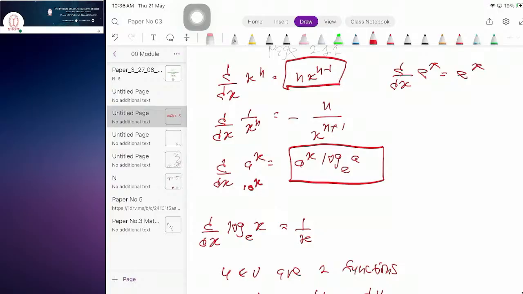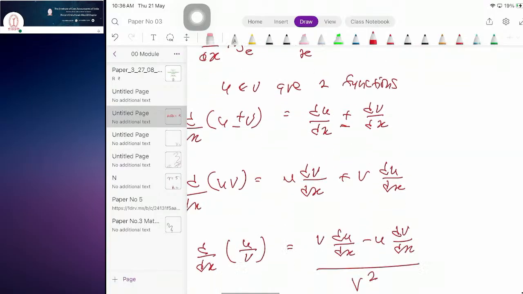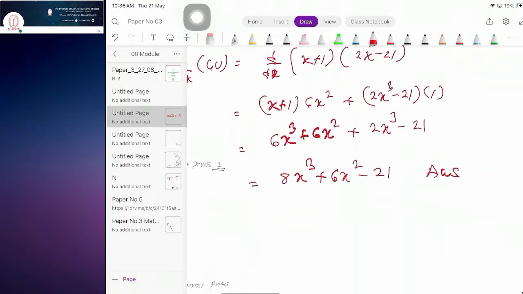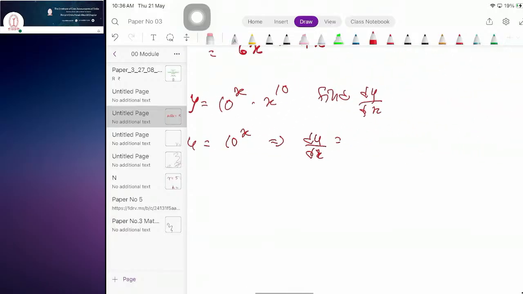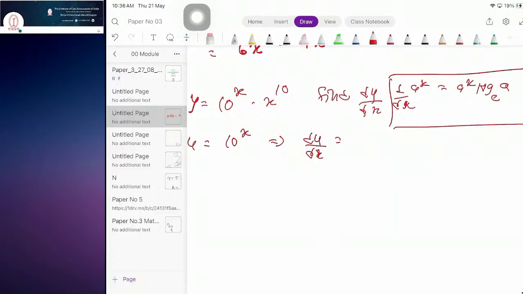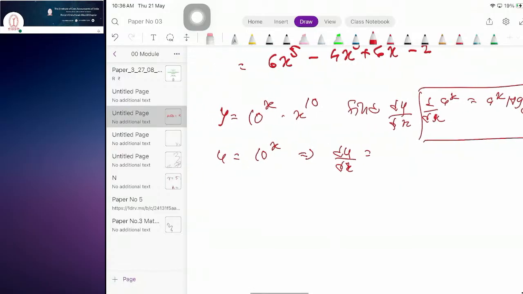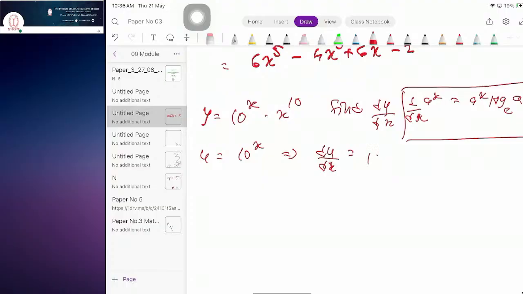That is the answer, aˣ log a to the base e is the answer of d upon dx of aˣ. This is our formula. According to that, for 10ˣ, a is 10, so that will be as it is 10ˣ log 10 to the base e.